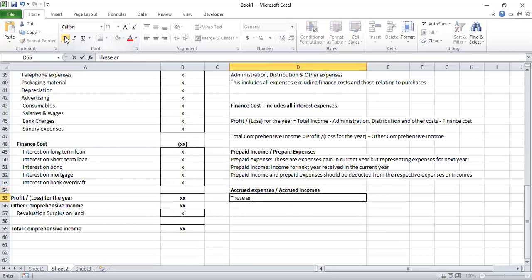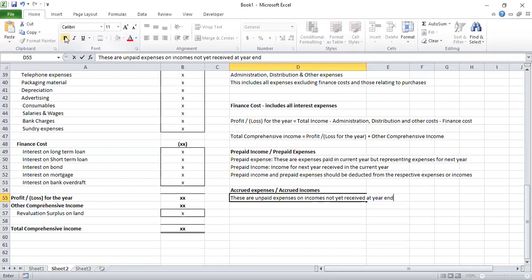These are unpaid expenses or incomes not yet received at year end. You should know that our financial statements are prepared on an accrual basis. We record incomes and expenses for this year in the profit or loss, regardless of whether they were received or not.